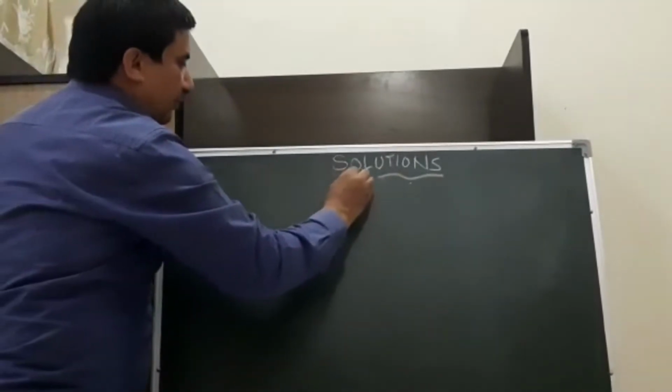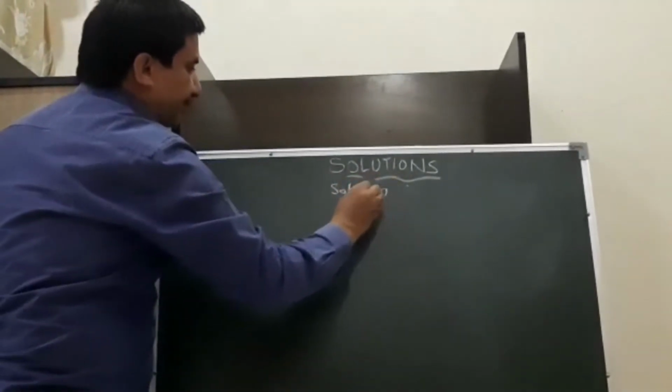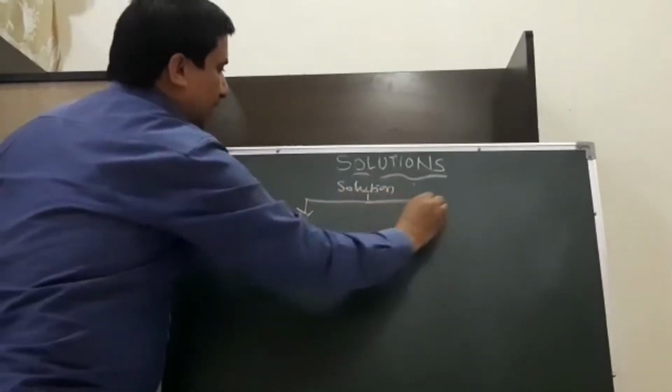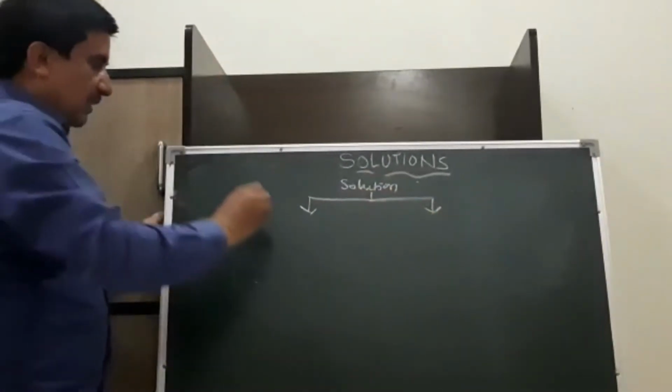A solution consists of two things: one is solute and another is solvent.